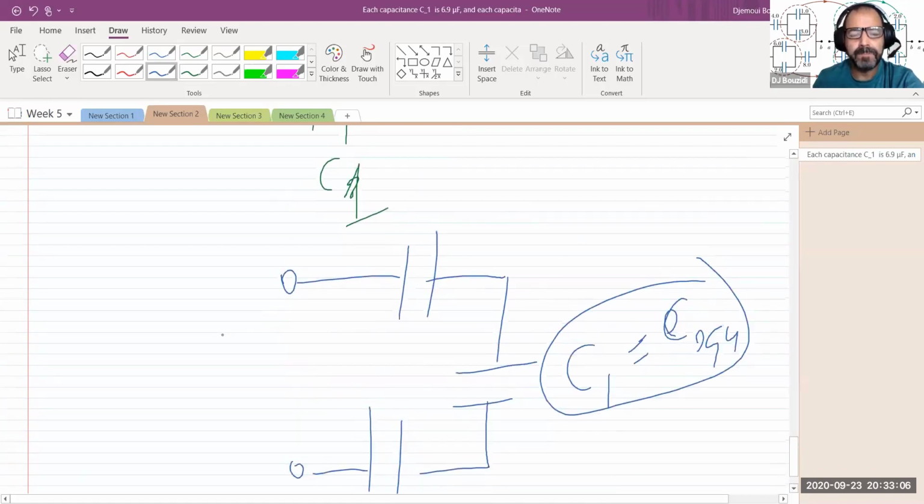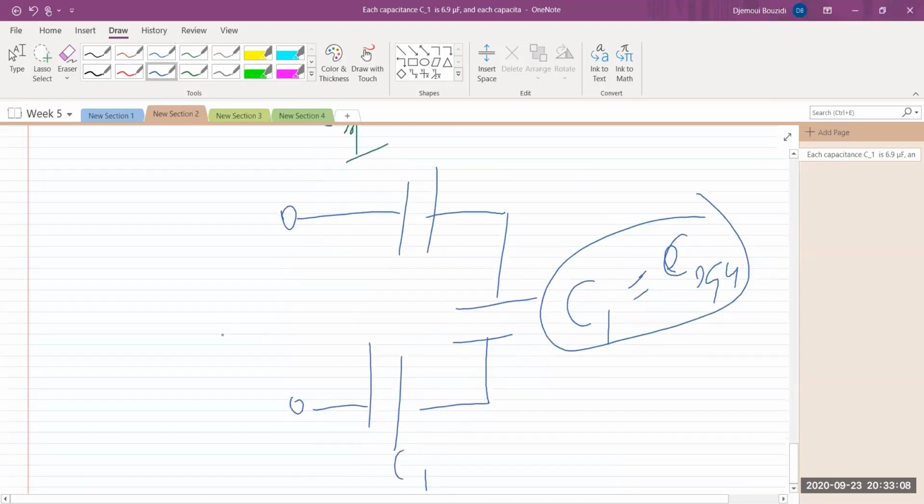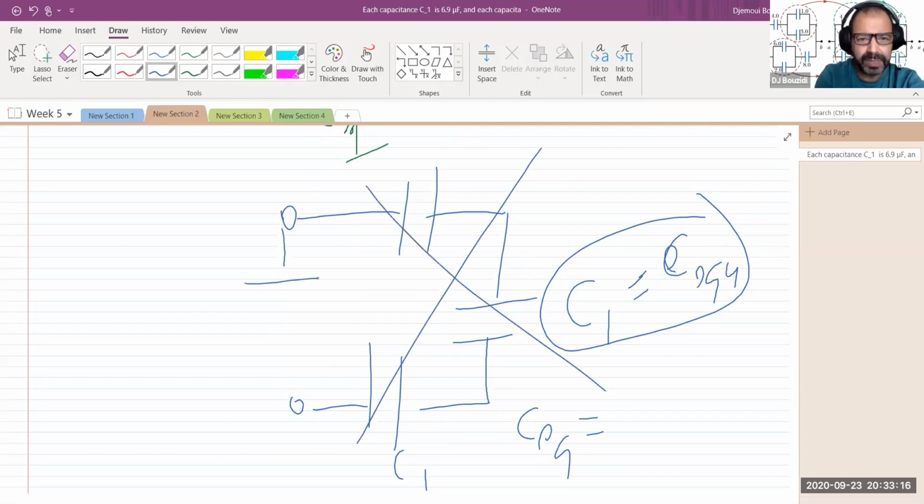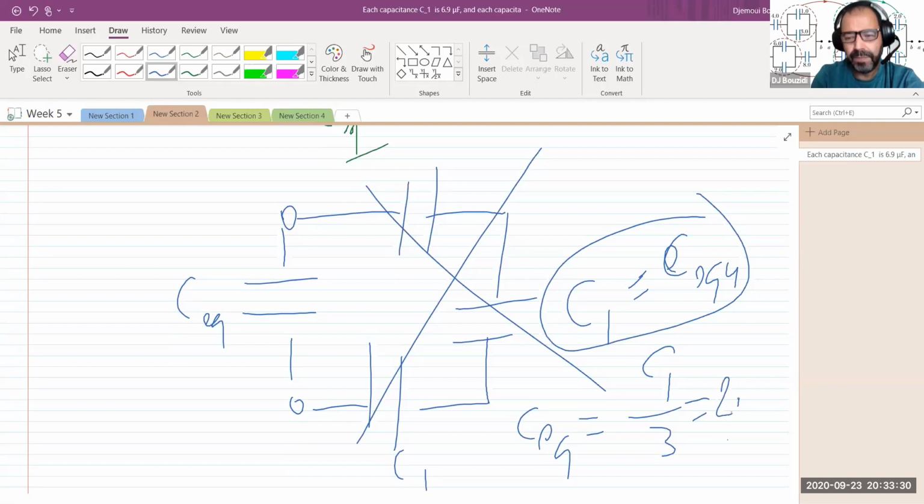Between A and B, series. They're in series, and they're all C1s. So the C equivalent, which is now everything, is just going to be 1 over C1 plus 1 over C1 plus 1 over C1. Invert that, and it is going to be C1 over 3. So it's 2.3 microfarads. Simple.